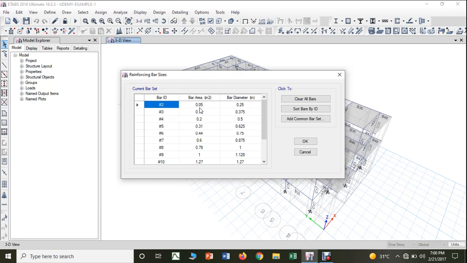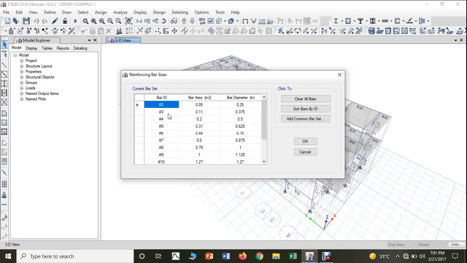The corresponding bar area is 0.05 square inch, and the corresponding bar diameter is 0.25 inches. Then number 3 is 0.375, with area 0.11. Next you have number 4, with diameter 0.5.